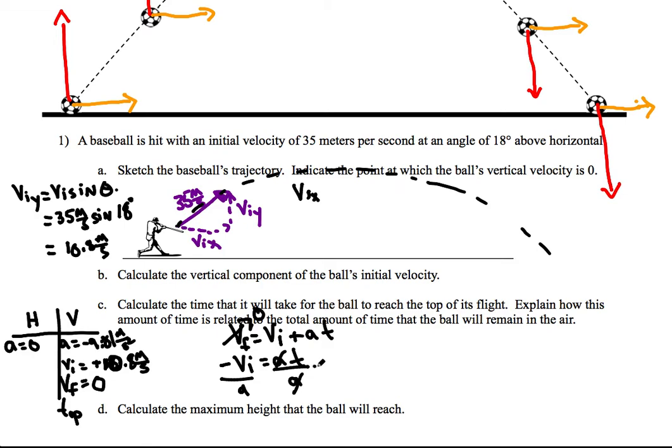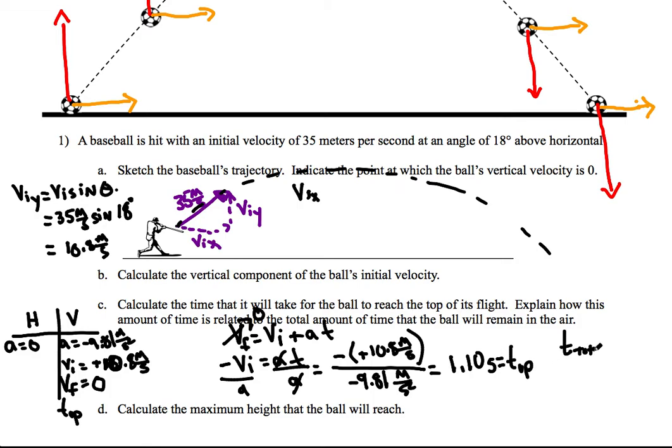My a's cancel out over there, and so I get a t of the negative of a positive 10.8 divided by the acceleration due to gravity, negative 9.81 meters per second squared. Notice now I have a negative divided by a negative. That makes me happy. Time is positive. So we have 1.10 seconds. That's the time it takes to just get to the top. So that's my t up.